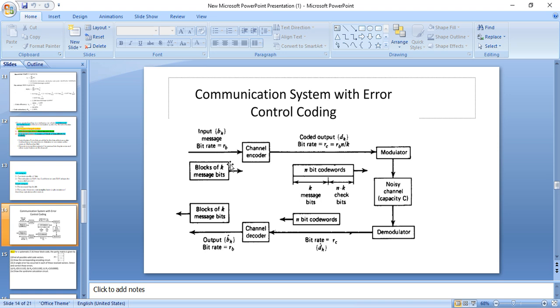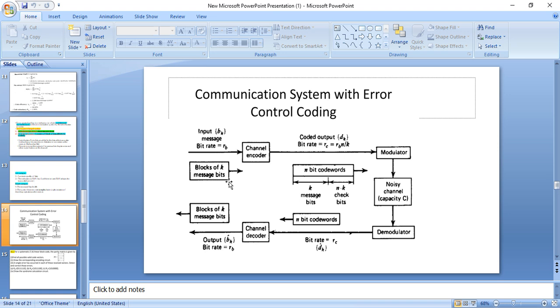So you can observe here the message signal blocks of k message bits are given as an input to the channel encoder, and the channel encoder will make some arrangement so that the total number of bits will be different than the given input bits.